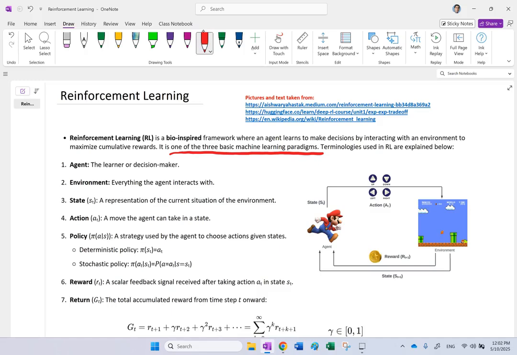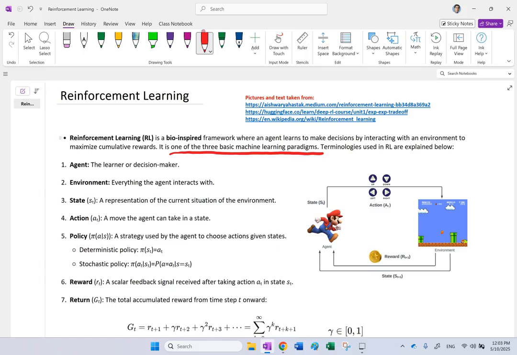Now, some people add a fourth category of semi-supervised learning or something, but I would say that's basically a product of supervised and unsupervised. So I personally do not like to call it a fourth paradigm. So we talked about basically supervised and unsupervised methods in machine learning. It's time to talk about reinforcement.